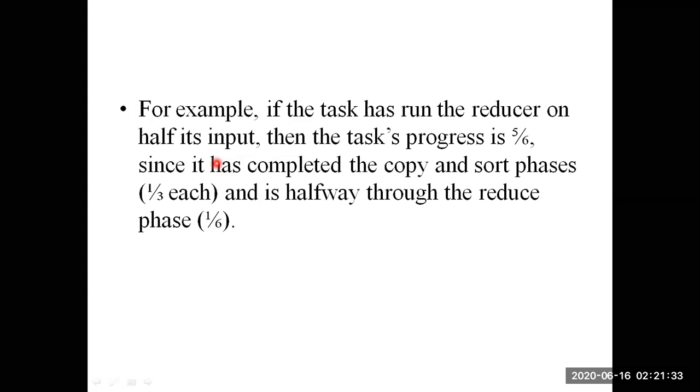For example, if you see the task as the reducer, one-third of its input, then the task progresses 5 by 6. And where it has completed the copy and sort phases, I mean 1 by 3 each, and throughout the reduce phase 1 by 6. Let me take a small simple example, word count frequency. So counting word count frequency in a program.